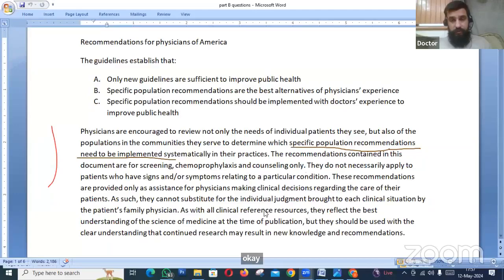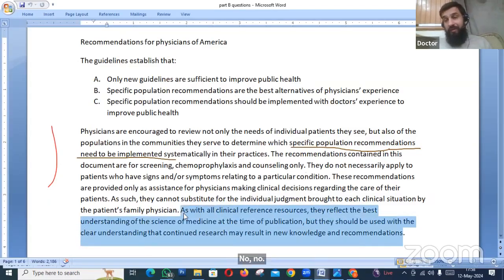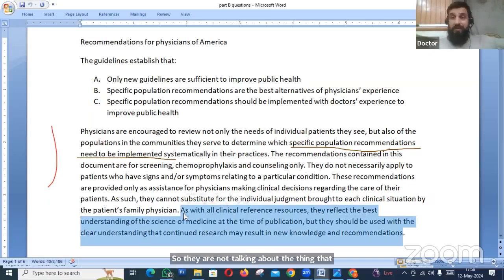So, in the last line, they should be used with a clear understanding that continued research may result in new knowledge and recommendations. So they are not talking about the thing that is in part C. Here they are talking about these guidelines not being the full and final things. With research, with time, they keep changing.